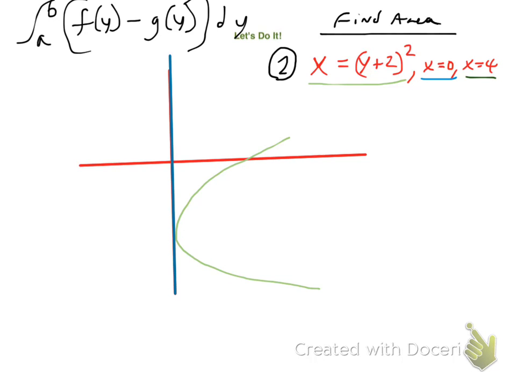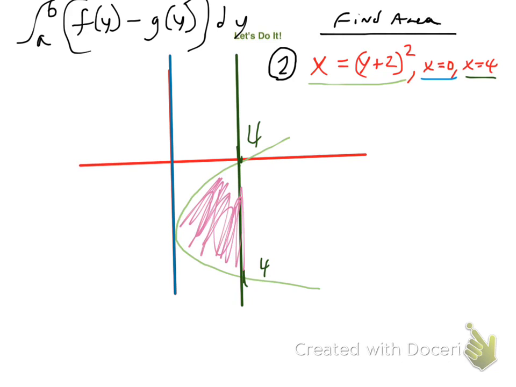And x equals 4 is somewhere over here or something, right? I don't know exactly in particular, but that would be 4. Also, that is 4. These are all x equals 4. And so the area we're trying to find then obviously becomes the area in between, right?